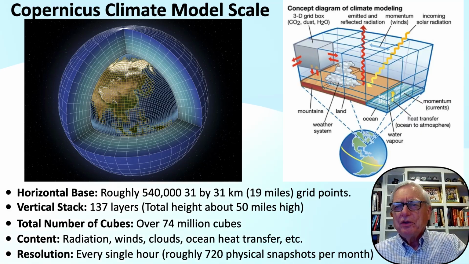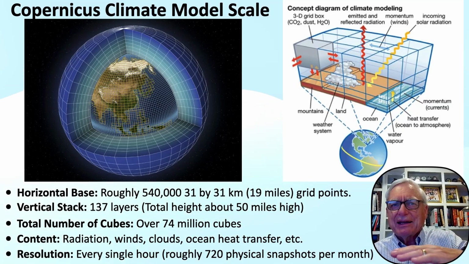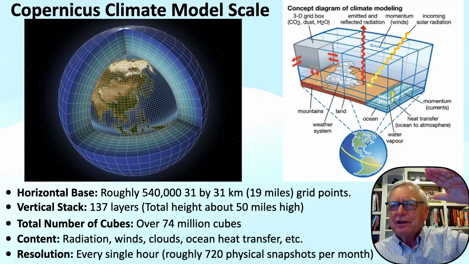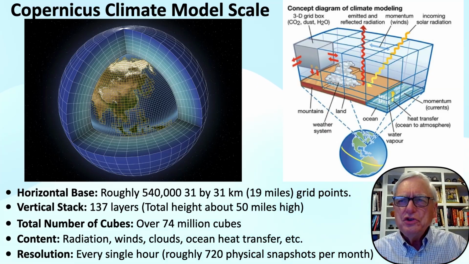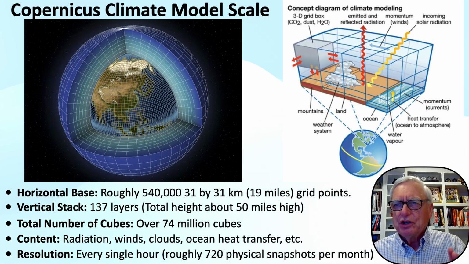And then they actually form cubes. Those cubes are then stacked 137 layers into the atmosphere, going up approximately 50 miles in height. When you do that, you end up with 74 million cubes of information.